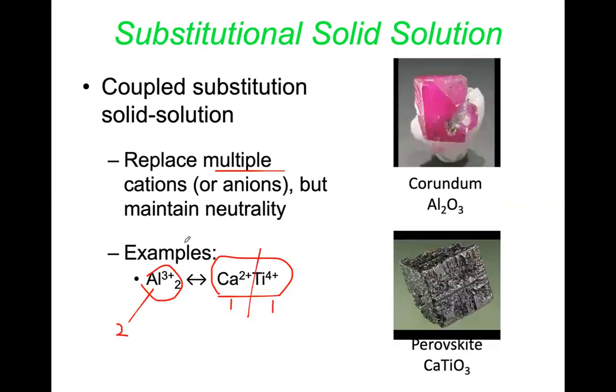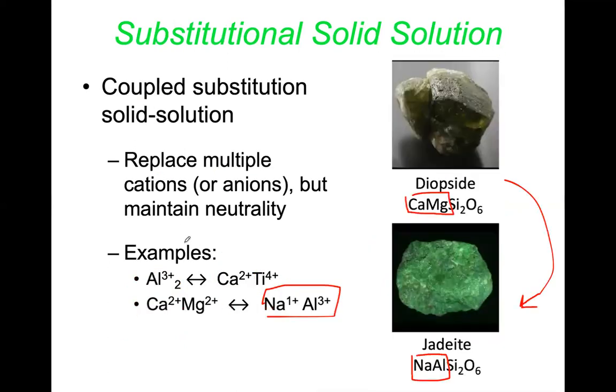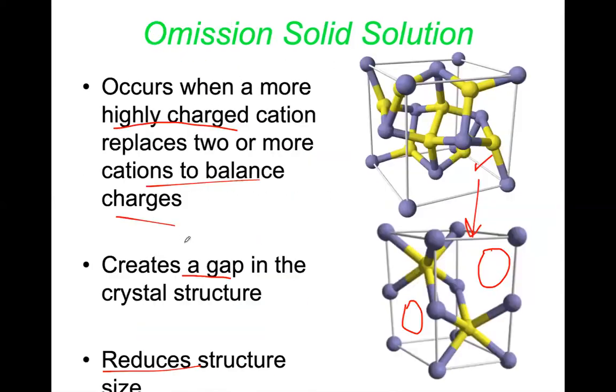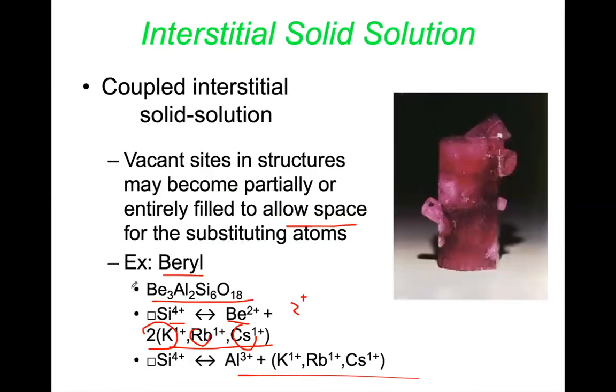But in the case of interstitial or omission, where an entirely different ion is involved, it might not be possible to reverse the reaction, because they are entirely different from each other.